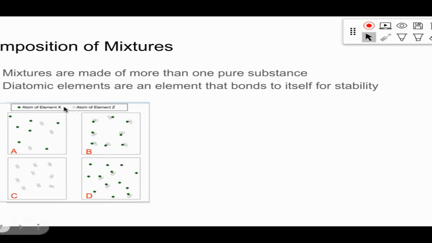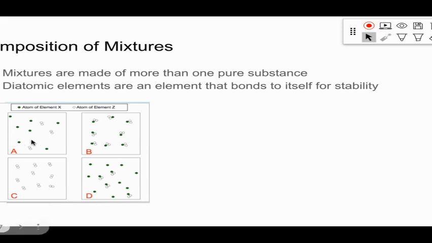At the top of this picture, it tells us an atom of X is the black ones, and an atom of Z is the hollow white circles. And then we have to look at how they are combined or if they're individual atoms.